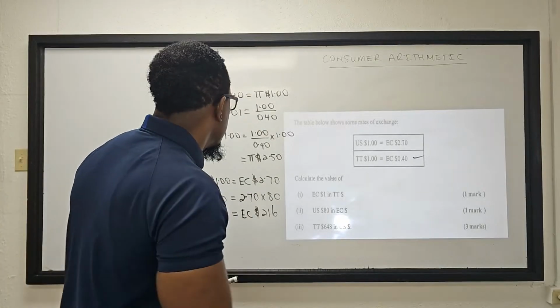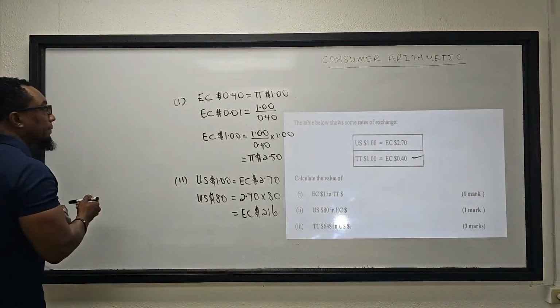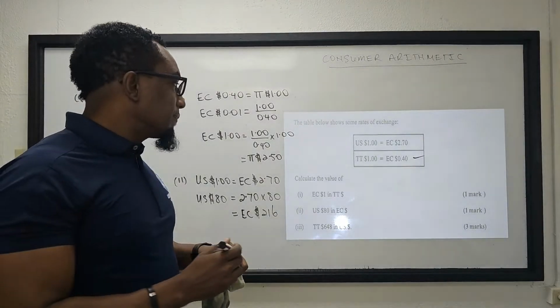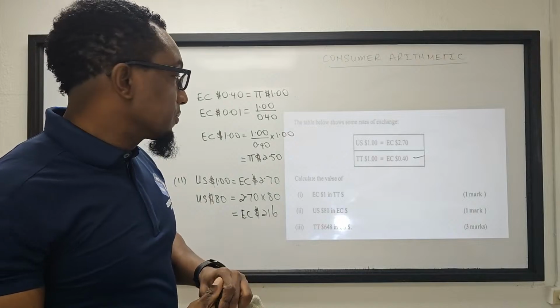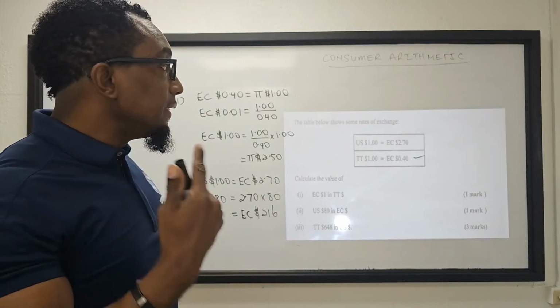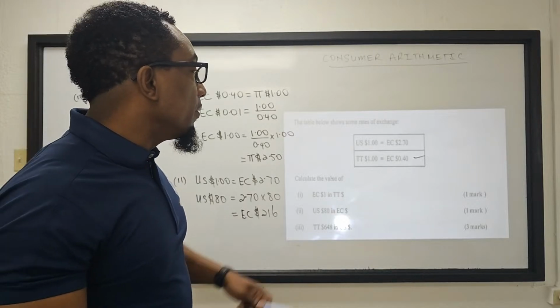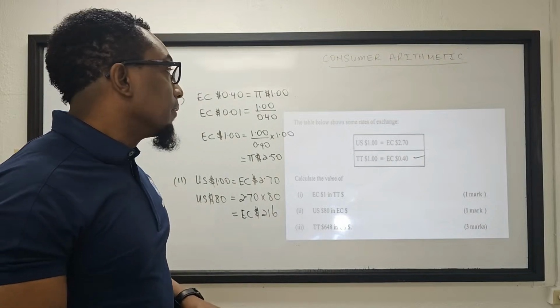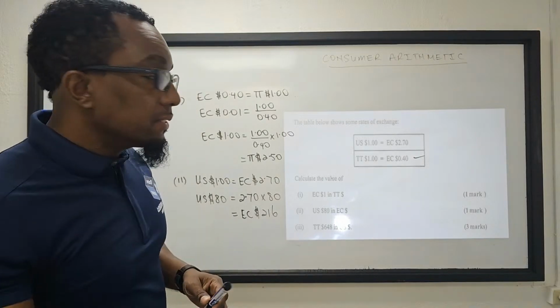So let's do so. So we want to convert 648 TT to US. So let's convert 648 TT to EC first. And we have our relationship, TT $1 is equal to EC 40 cents. But we have to convert it always on the right of the relationship.